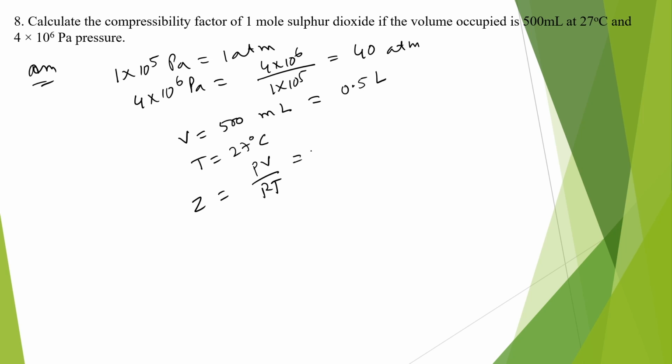So value of P is, we got 40, V is 0.5, R, so we are considering liter atmosphere here, so we need to consider liter atmosphere here also. So 0.082 and temperature is given 300. So 27 degrees Celsius means 300 Kelvin. So if we do it, we get Z is 0.81, okay.